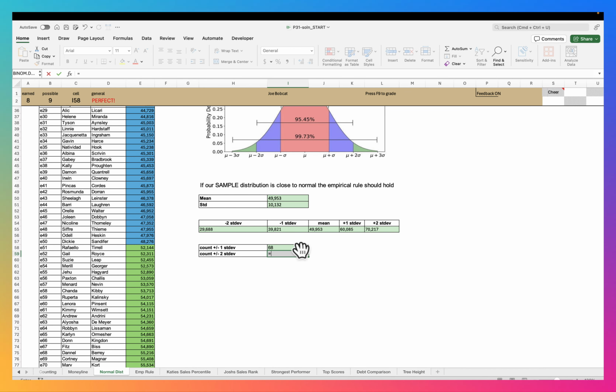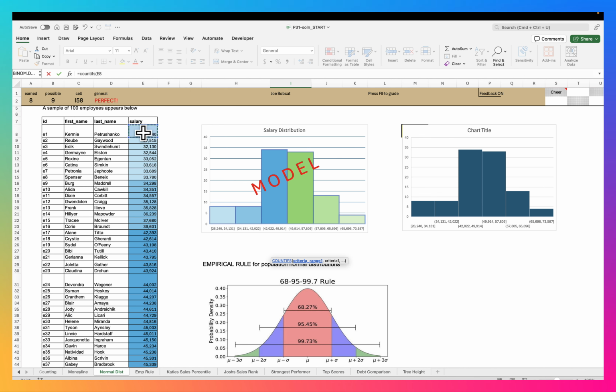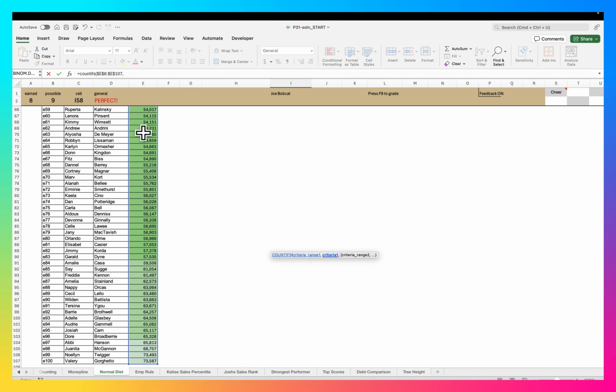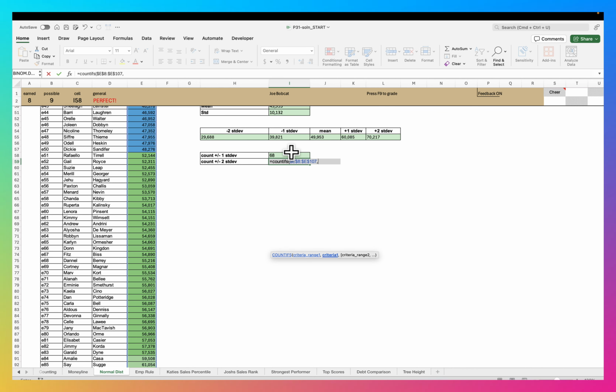So that is equal to COUNTIFS, criteria range, and then, well, actually, why don't I just copy that formula and then edit it? That might be easier. Let's try. Let's just move these guys to here and here.